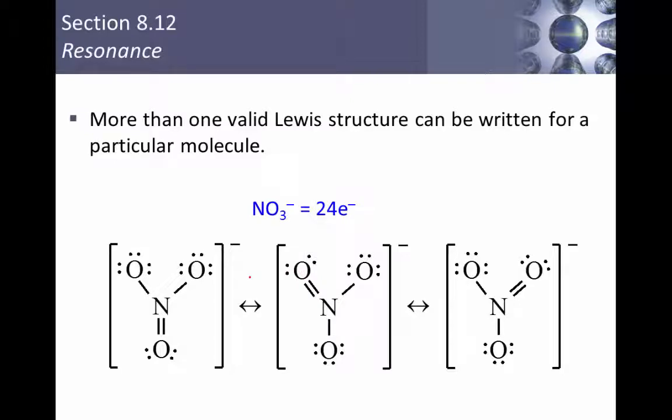Well, resonance means that it's possible that you would have a blend of all 3 of these. The actual structure is not this, not this, not this, but the blend of all 3. It's kind of like if you took blue paint and yellow paint and mixed them together, you got green paint.